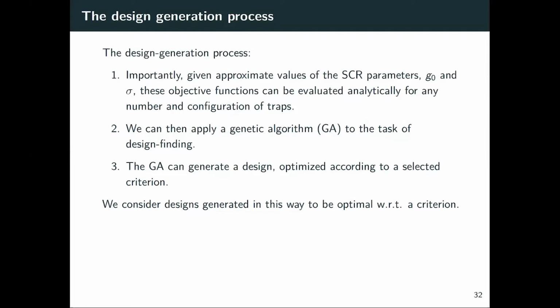It's an evolutionary algorithm, basically a randomized search process, and that can generate a design optimized according to a selected criterion. We consider designs generated this way to be optimal with respect to a criterion. They're not optimal in that they can work for any study area or any species. It's just that they're optimal with respect to whatever criterion you picked. So are you trying to maximize the number of captures and the number of spatial recaptures? They're optimal in that they've been optimized to find a solution.